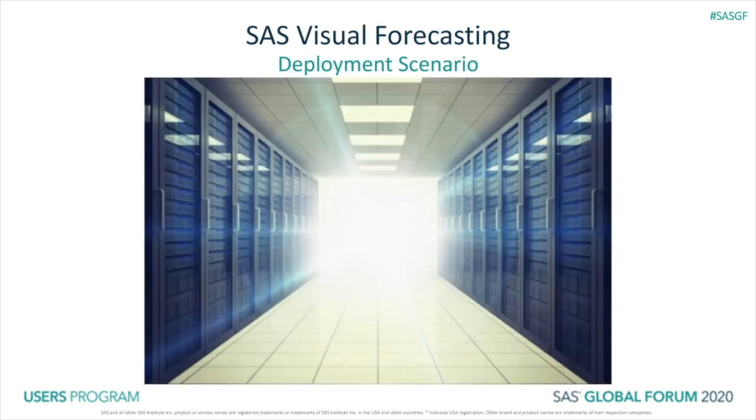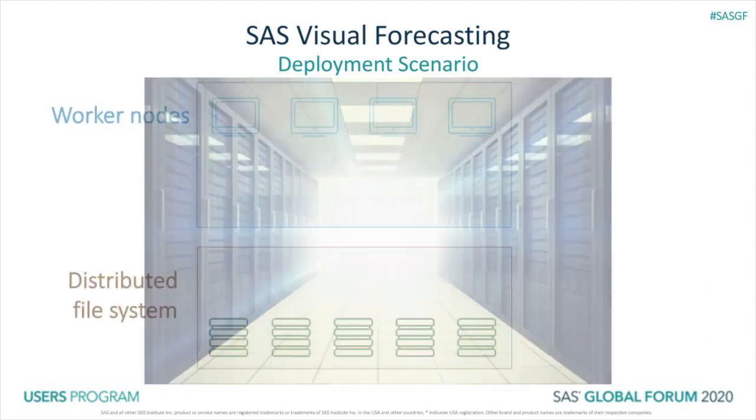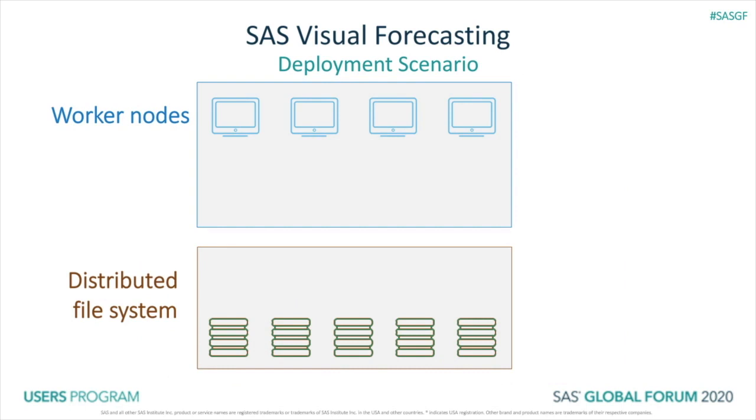So let's set the scene for a scenario in which you'd use this system. If you're a big corporation or some other entity that has millions of time series and you have a huge cluster, you can use this system. For the sake of describing the system, let's go with a more modest cluster of 4 worker nodes connected to a distributed file system.